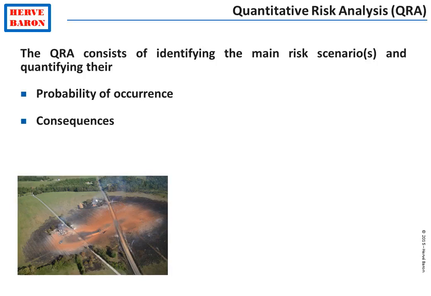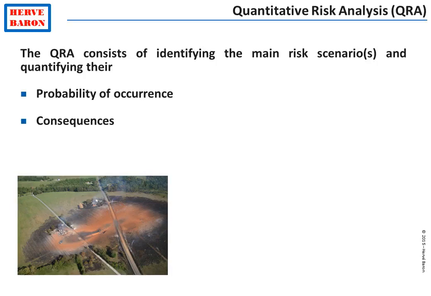The probability of an explosion, for instance, is the probability of leaks from various leak points multiplied by the probability of malfunction of the fire and gas detection system multiplied by the probability of the gas cloud reaching an ignition source.